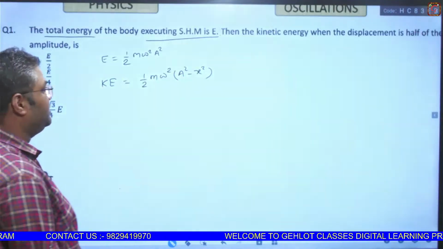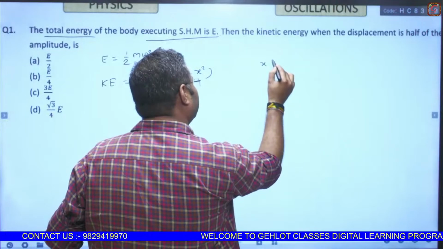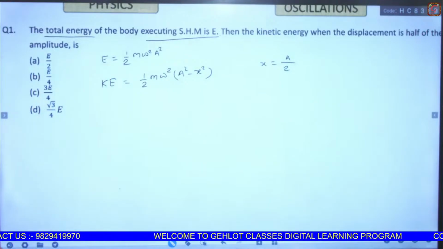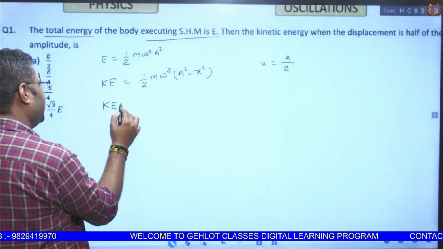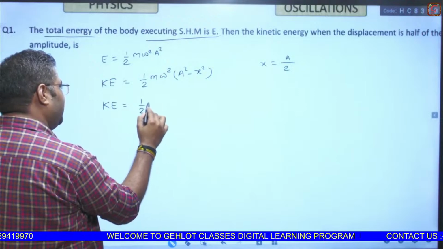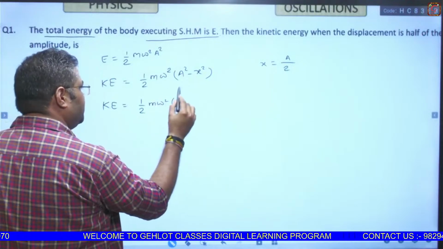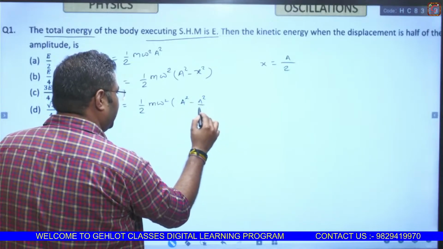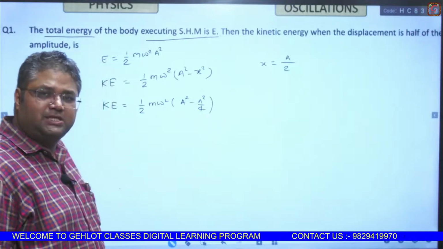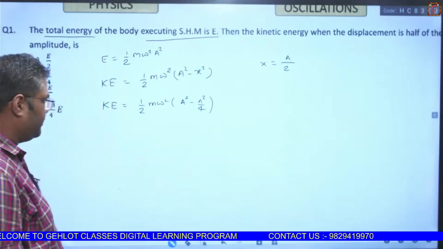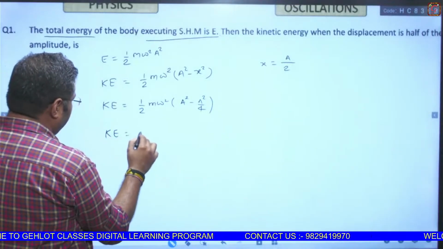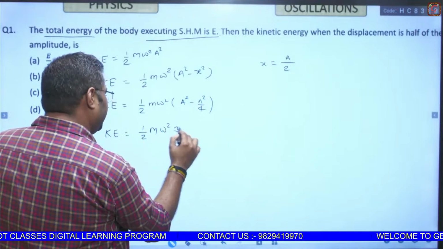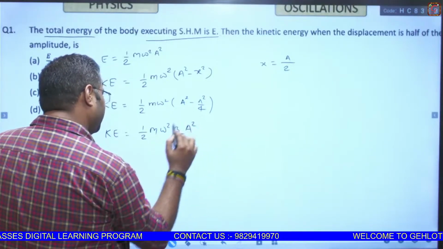So substitute the value of x, which is a by 2. Kinetic energy will become half m omega square into a square minus a square by 4. The square of a by 2 is a square upon 4, so kinetic energy will become half m omega square into 3 by 4 of a square.